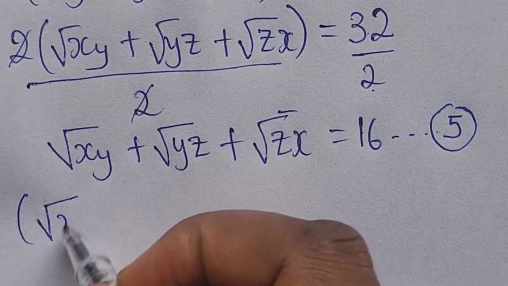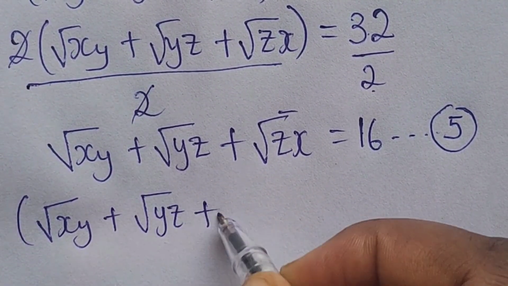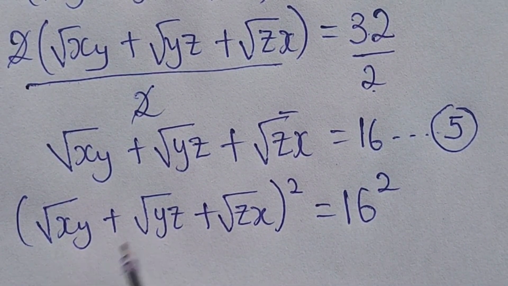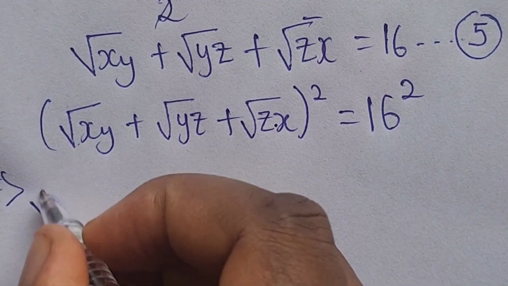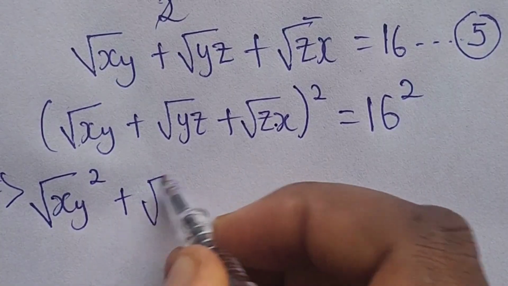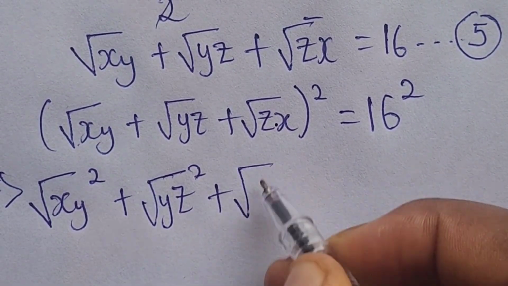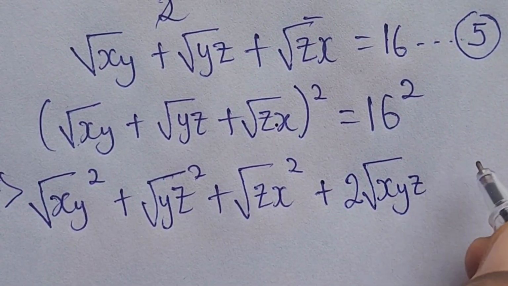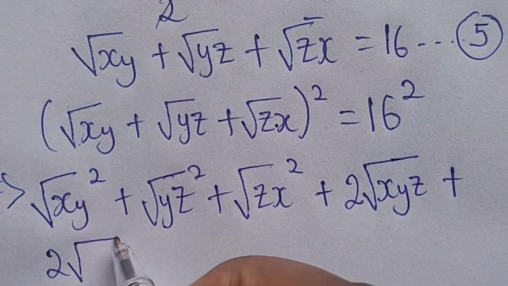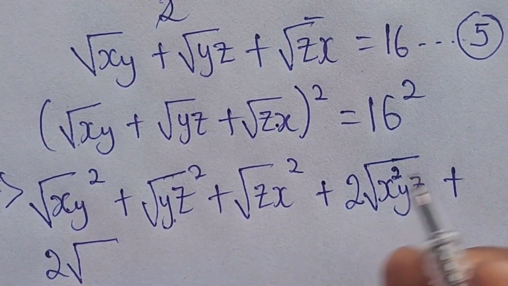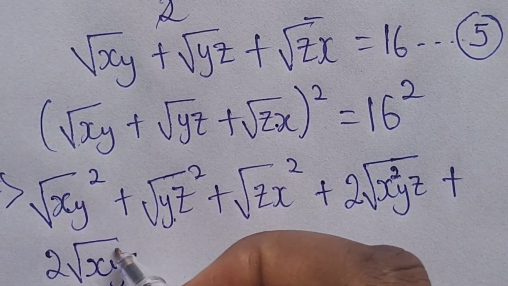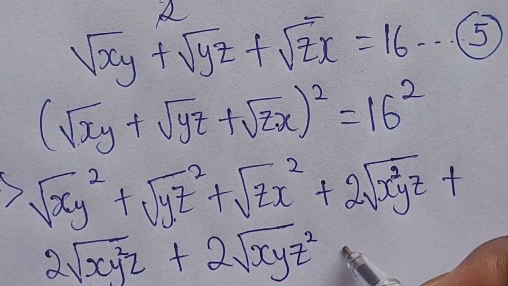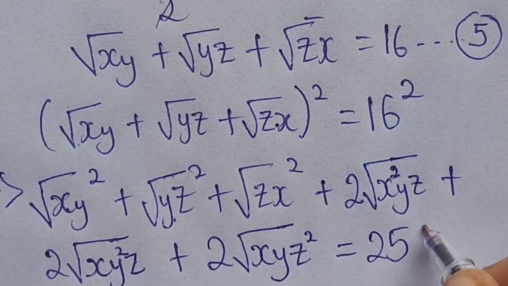From this equation 5, we can square both sides. When we expand this, we have root xy all squared plus root yz all squared plus root zx all squared plus 2 times root xyz squared... plus 2 times root xyz, all equal to 16 to the power of 2, which is 256.